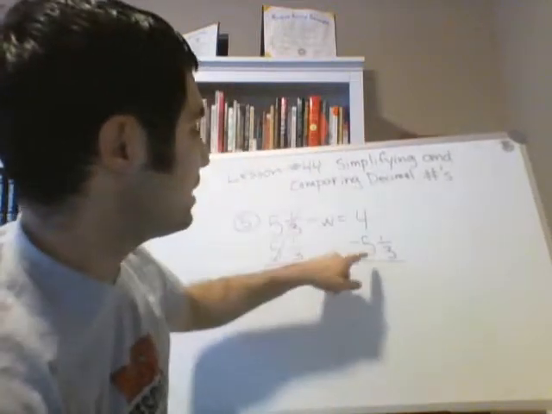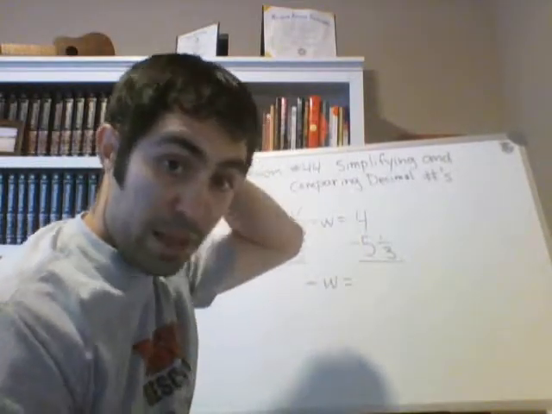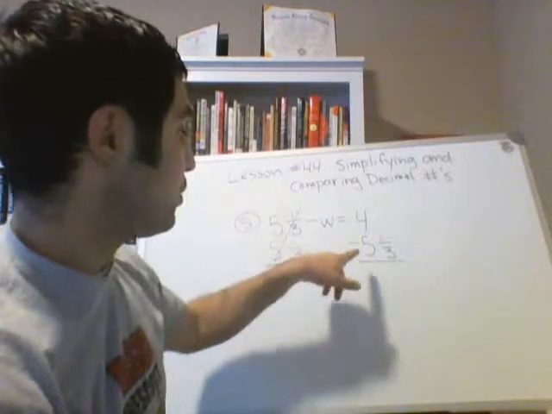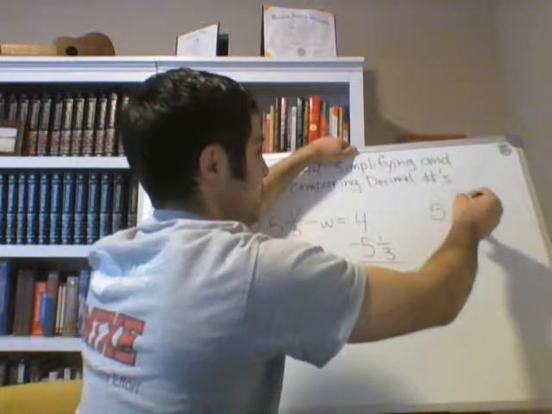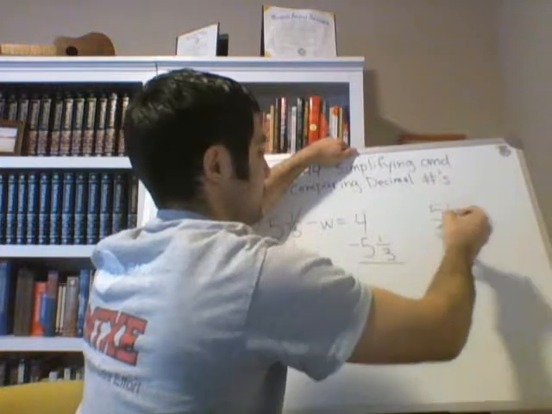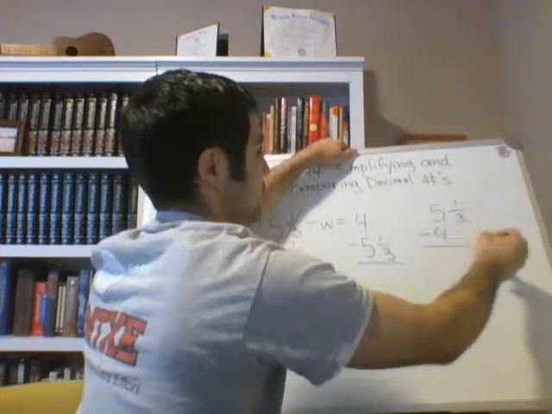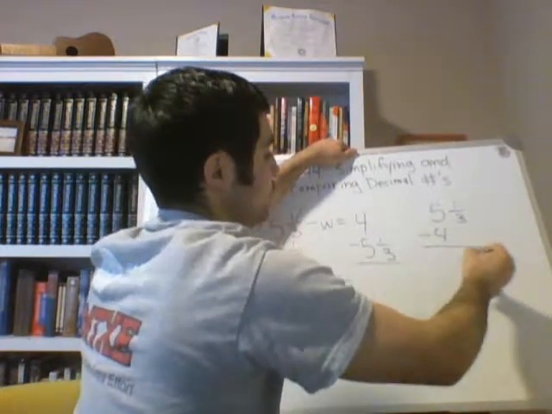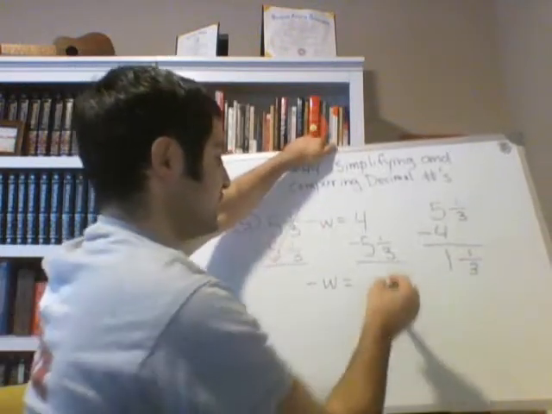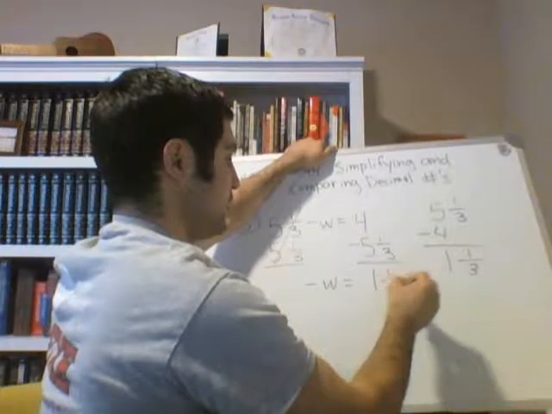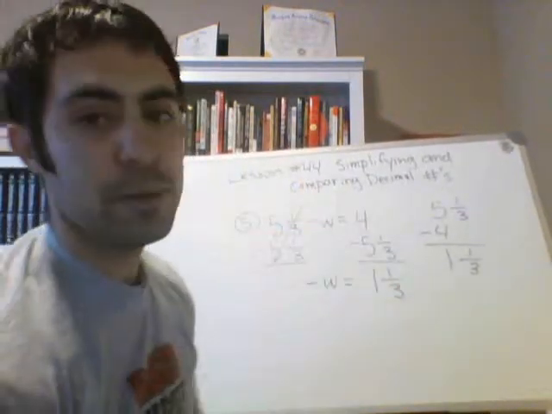Okay? Now, I can't take 5 away from 4 without getting a negative answer. So, what I'm going to do is take 5 1/3 minus 4. 1/3 minus nothing is 1/3. 5 minus 4 is 1. So I'm going to get 1 1/3. Now I take the sign of the bigger number.